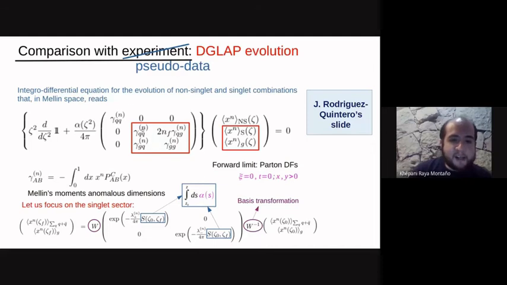Here we have the anomalous dimensions that correspond to the non-singlet and the singlet and gluon sectors. Solving the equation, we can find a basis such that we get a diagonalization of these elements, like this. Now we have introduced this lambda plus and lambda minus, which are essentially anomalous dimensions for linear combinations of the singlet and the gluon sectors.